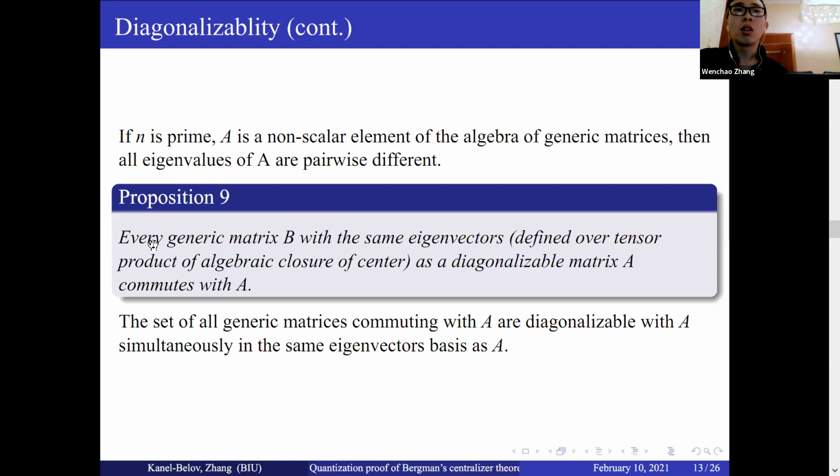We also consider the other generic matrices which commute with A. If there is another generic matrix with the same eigenvectors, then it can also be diagonalized.